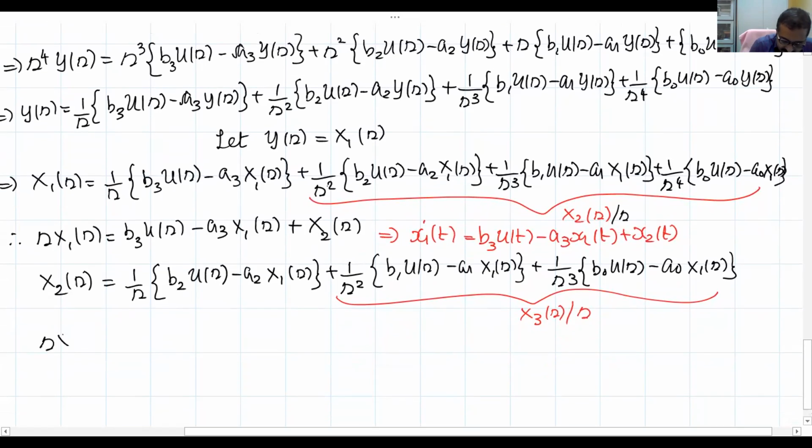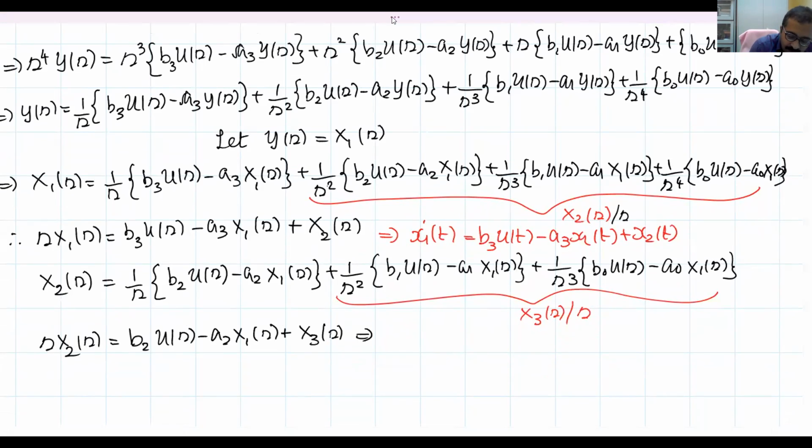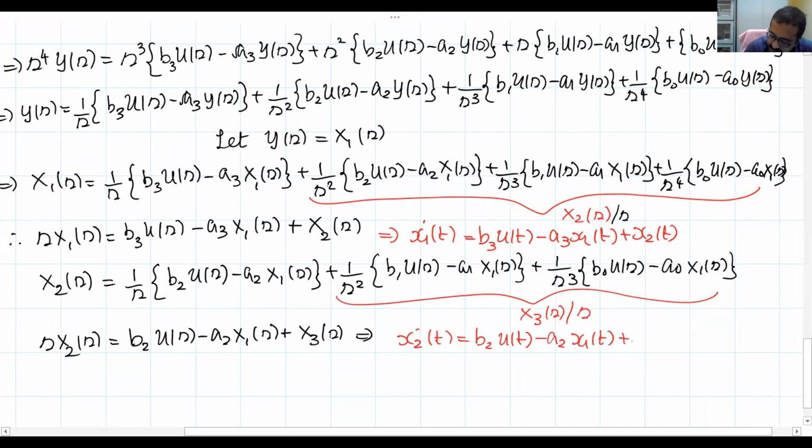You will get s x2 of s equals b2 u of s minus a2 x1 of s plus x3 of s. Okay, so in time domain, it implies that x2 dot t equals b2 u of t minus a2 x1 of t plus x3 of t. Okay, so second state equation. See, it is in the form x dot equal to ax plus bu.